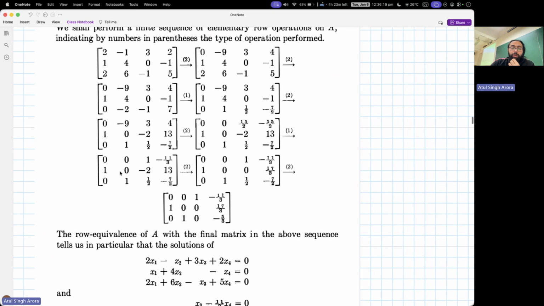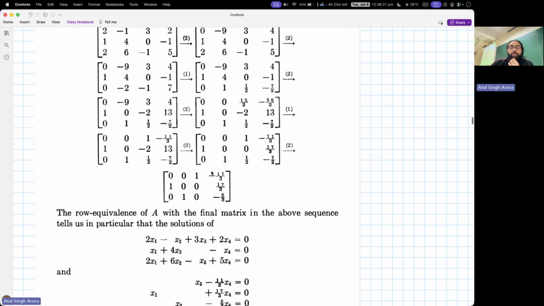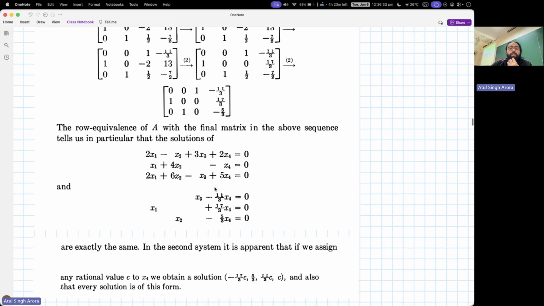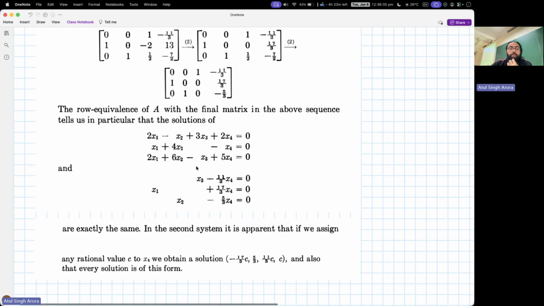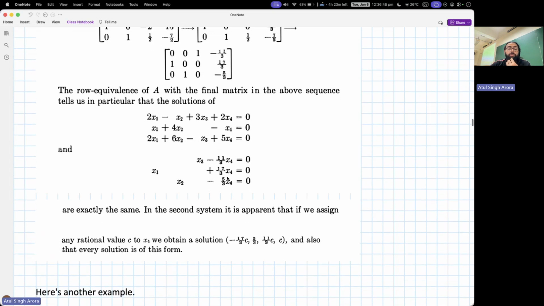So you basically apply these operations, and in the end, by applying those elementary row operations, you will end up with a matrix which has exactly this form. It has a bunch of ones and all other zeros, and then there would be potentially some extra column with extra values. In terms of equations, you basically simplified this equation, which is what somebody was saying earlier, into this set where you have a bunch of variables, and then the last variable x4 is appearing with a bunch of coefficients.